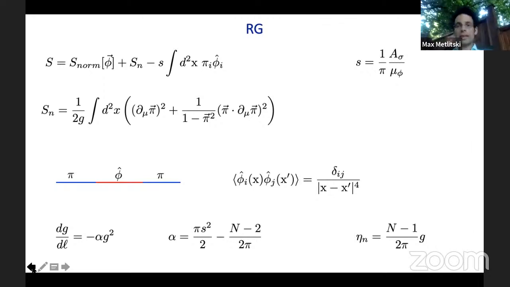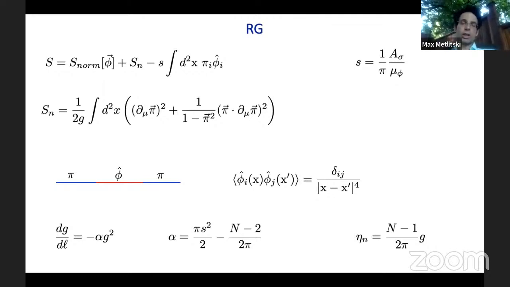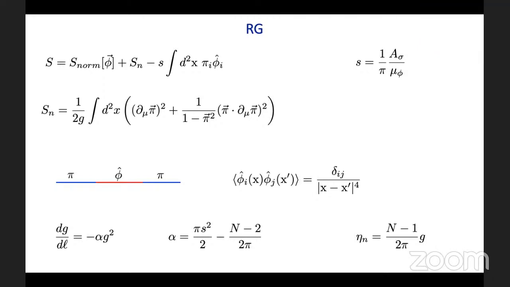Well, in that case, it's common practice, right? In that case this alpha is negative. You have a finite correlation length, and it's standard practice to trade G for this finite correlation length, so you have a dimensional transmutation. But it is always a scale, right? So it's an infrared scale or a UV scale.